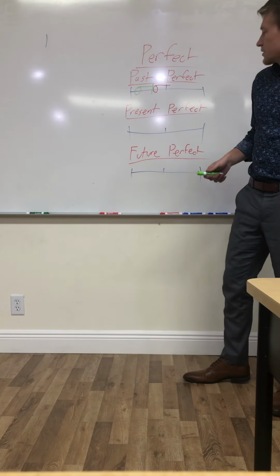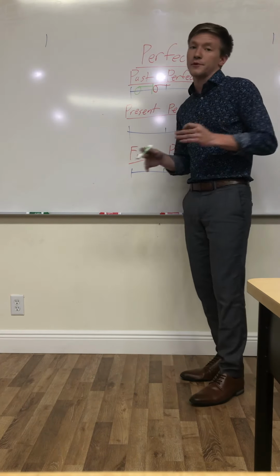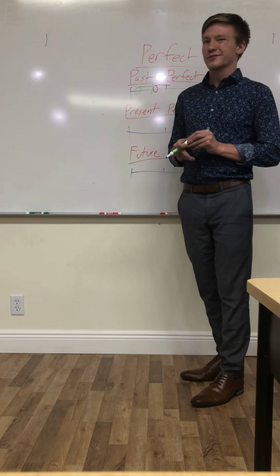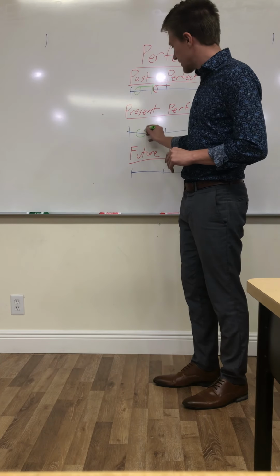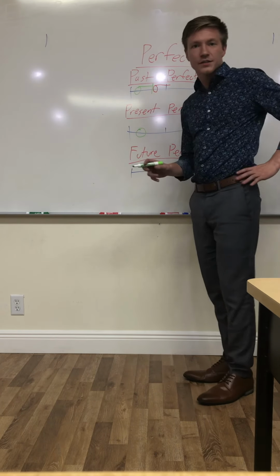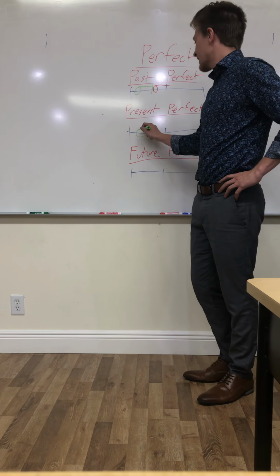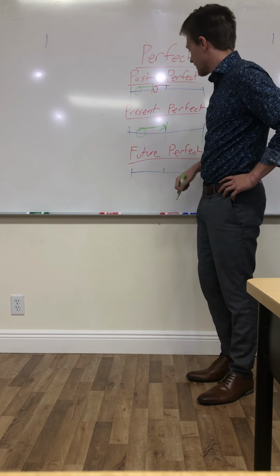Let's move on to present perfect, because present perfect is my favorite perfect tense, because I think that it covers a lot of things we typically say. Imagine this. An action begins in the past, like most actions do, and that action continues and is still happening right here at the present.